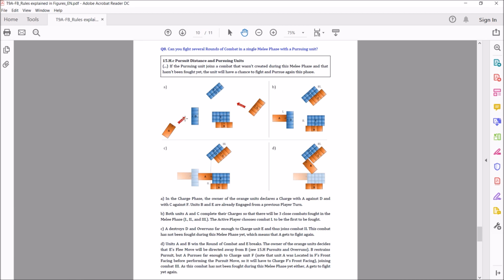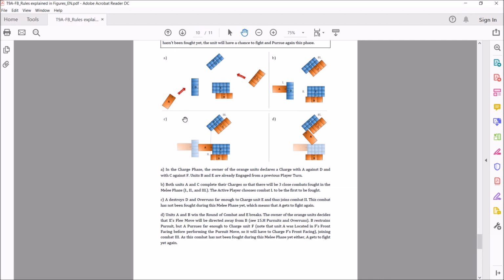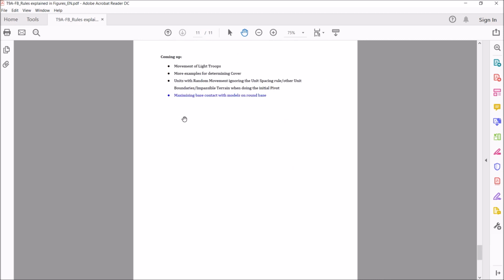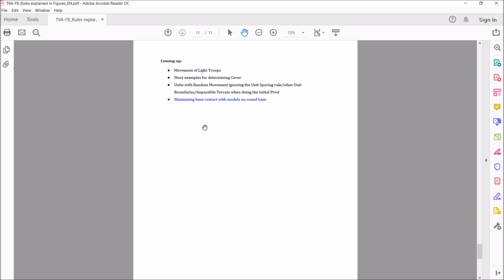Three more down, and if I'm not mistaken, did he announce anything coming up? Movement of light troops, determining cover, random movement, ignoring unit spacing, and maximizing base contact with round bases. So a couple more things they plan on doing soon. This one is very important, maximizing round bases.